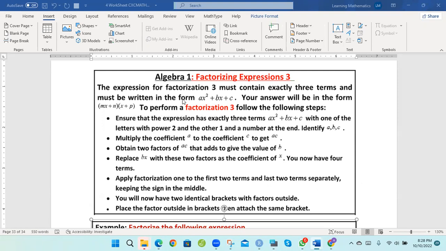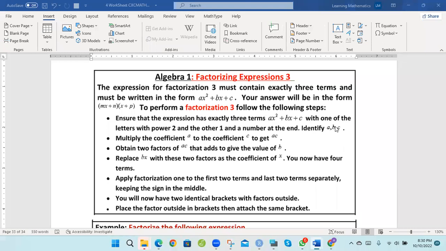Now, never forget ax squared plus bx plus c. It's even in the list of formulas. Ensure that the expression has exactly 3 terms, ax squared plus bx plus c, with one of the letters with power of 2 and the other power of 1 and a number at the end.